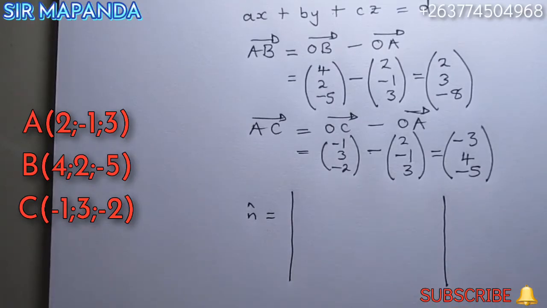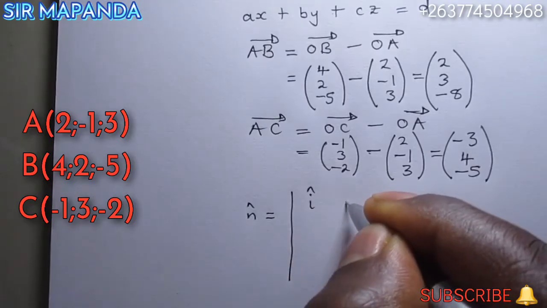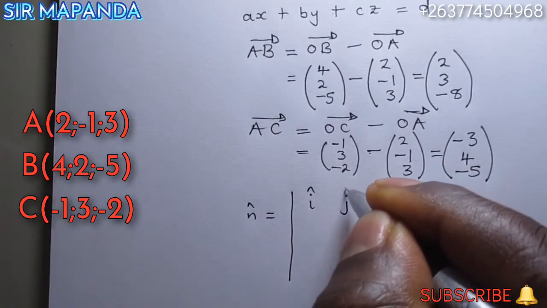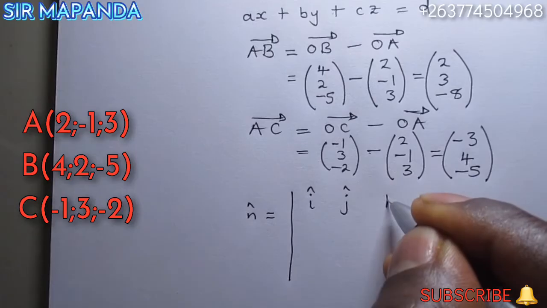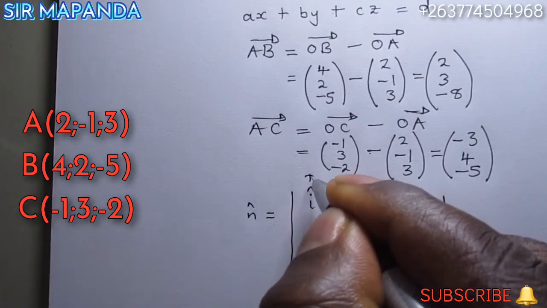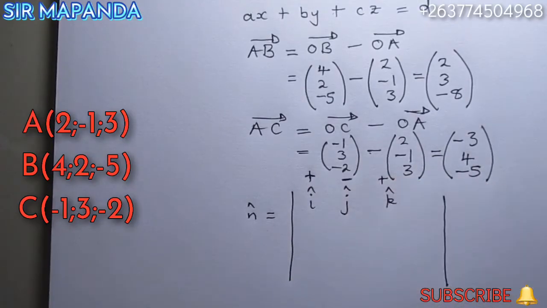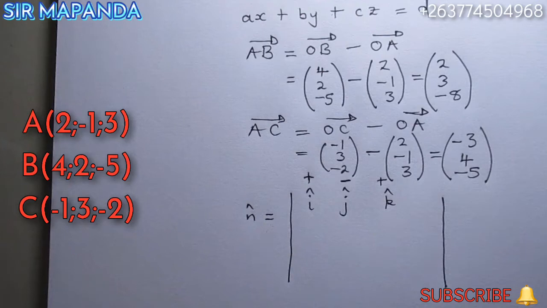When performing the cross product, you put i, j, and k at the top, then i plus, j minus, and you put plus on k. Then you transpose vector AB and vector AC to create the second row and the third row.